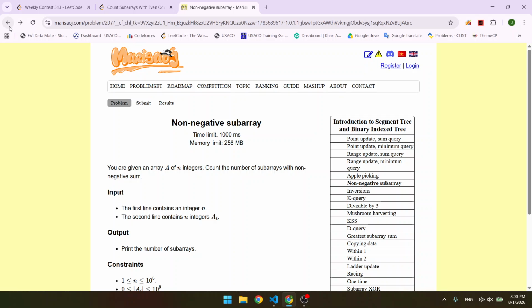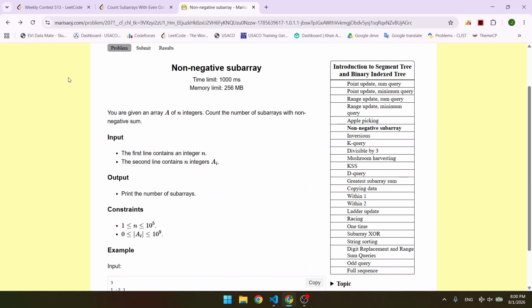Okay, so this is the problem I'm trying to solve, basically.